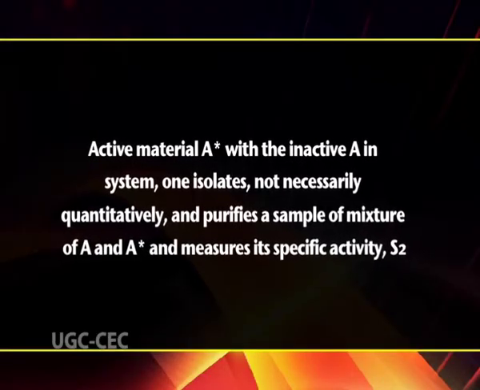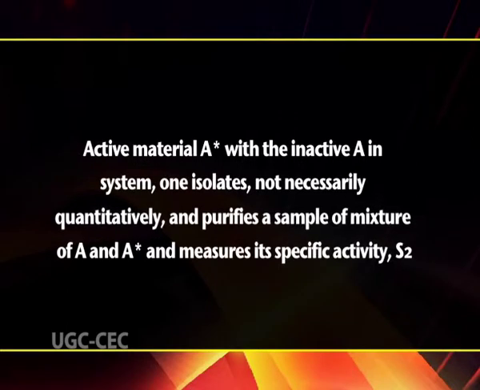After thoroughly mixing the active material A asterisk with the inactive material A in the system, one isolates, not necessarily quantitatively, and purifies a sample of the mixture of A and A asterisk and measures its specific activity S2.